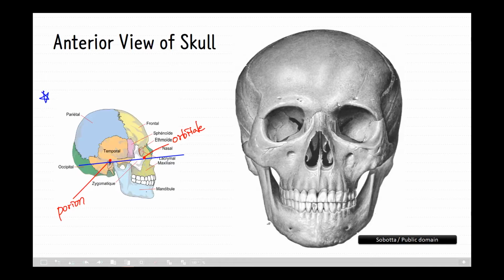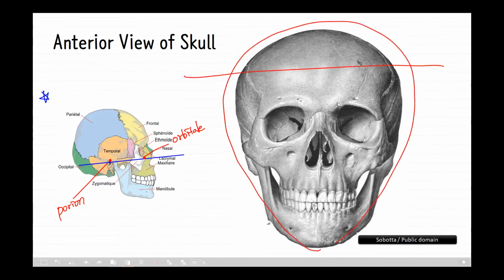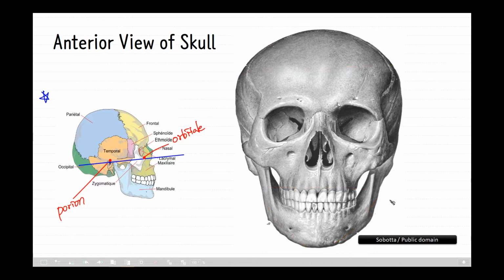The facial view of the skull can be called a frontal view or anterior aspect of the skull. Viewed from the front, the skull is generally ovoid in shape and wider above than below. Like this. When the skull is viewed anteriorly, the anterior end of the cerebral cranium or forehead and the bones of the face are seen.